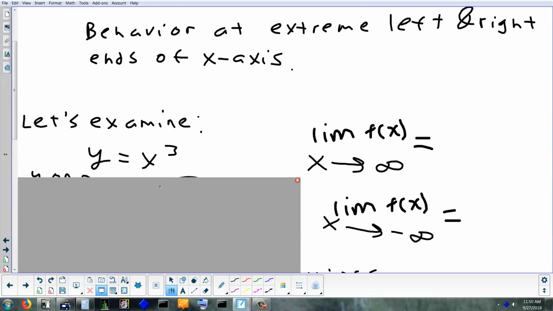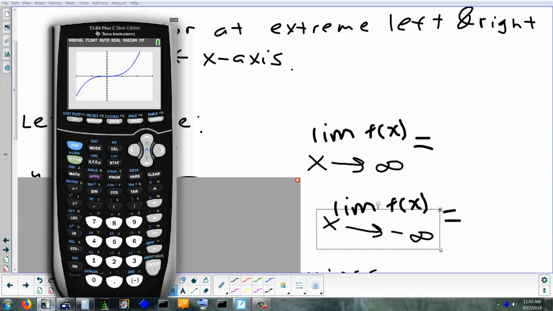If I attempt to translate that into something clearer, what's y getting closer and closer to as x gets bigger and bigger? What's y getting closer and closer to as x gets more and more negative, smaller and smaller towards the negative direction? So let's look at it.